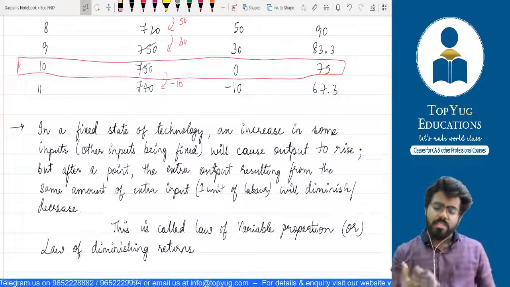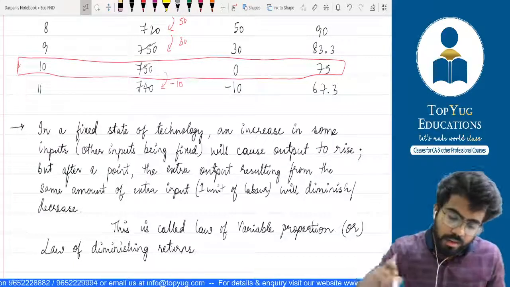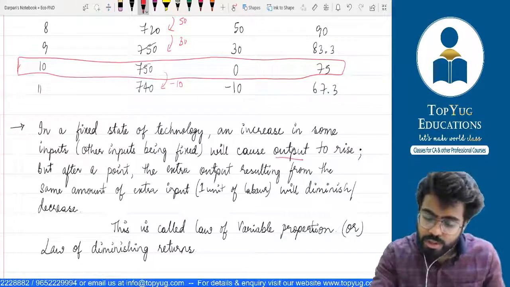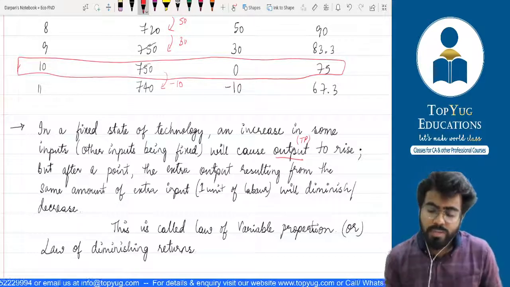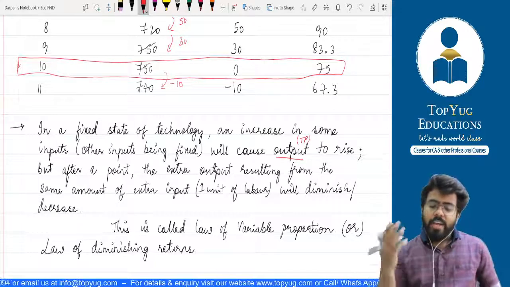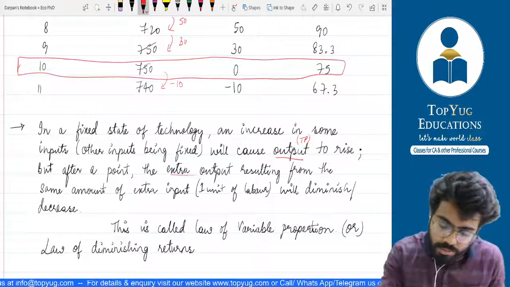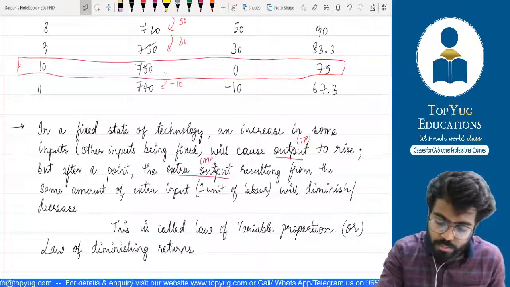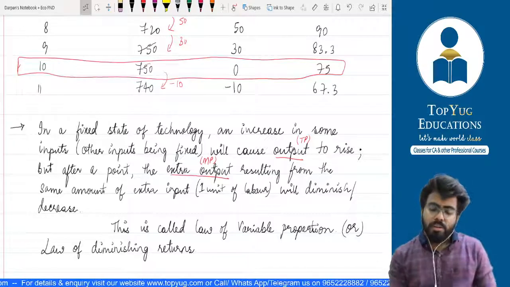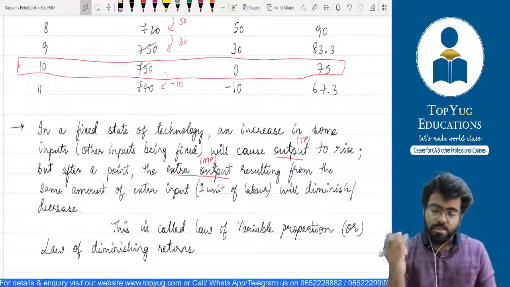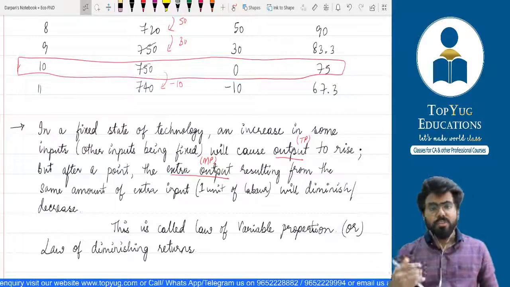Okay. So an increase in some inputs will cause output to rise. And with your output, you can write what? This is nothing but total product. But after a point, the extra output resulting from the same amount of extra input. What do you mean by extra output? Marginal product. Extra output मतलब marginal product. So write down extra output को underline करके marginal product MP resulting from the same amount of extra input will diminish. Right?